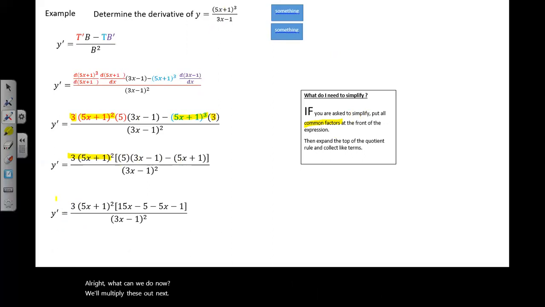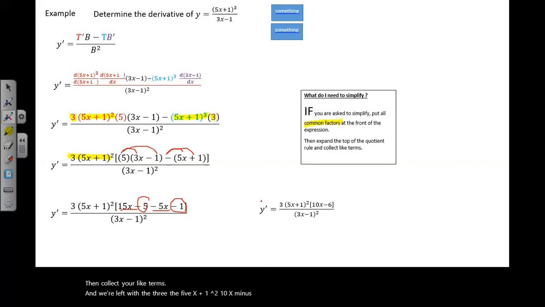So what does it look like when we multiply those out? (15x minus 5 minus 5x minus 1). Then collect your like terms. And we're left with the 3, the 5x plus 1 squared, 10x minus 6.